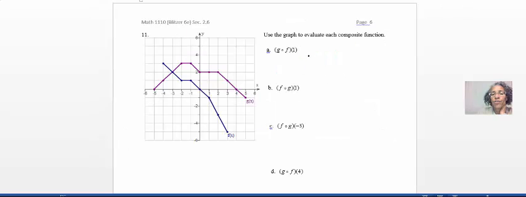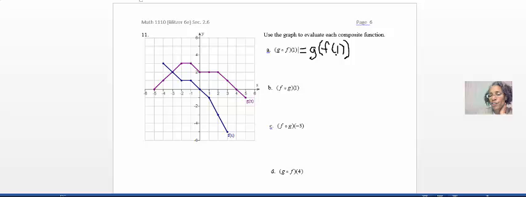Okay, so we're going to use the graph to evaluate these composite functions. All right, so g of f of 1 is g with input f of 1.